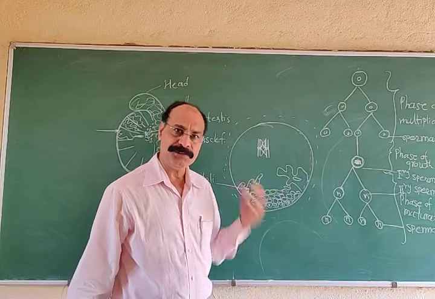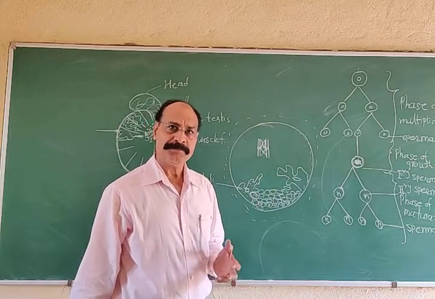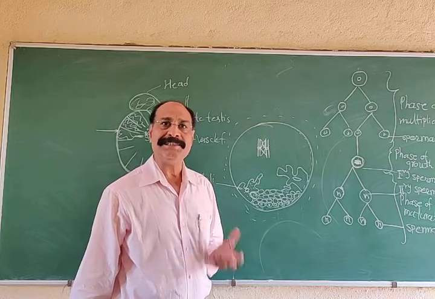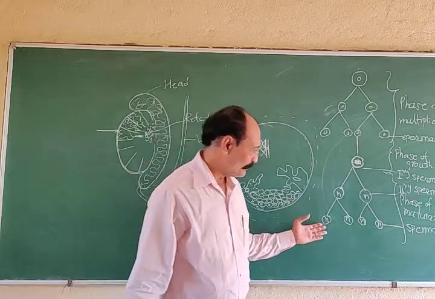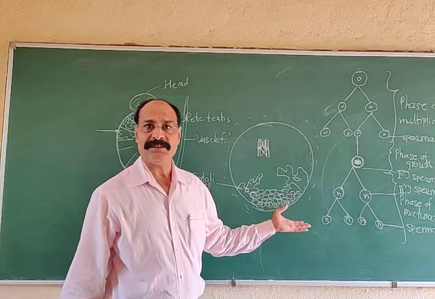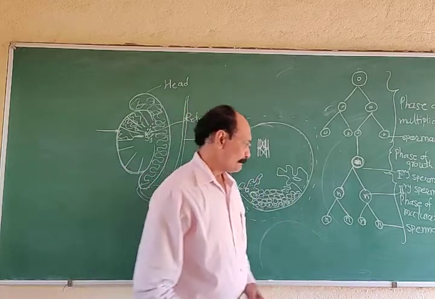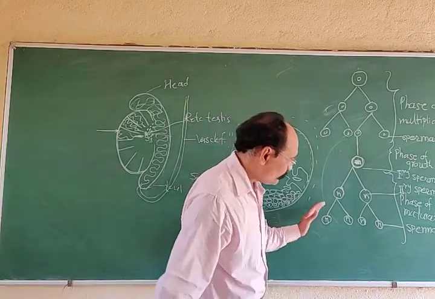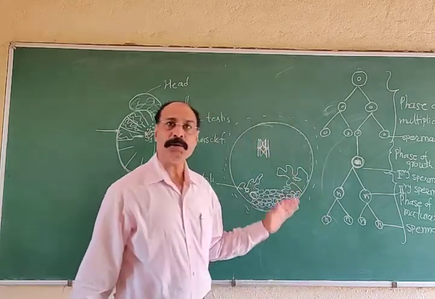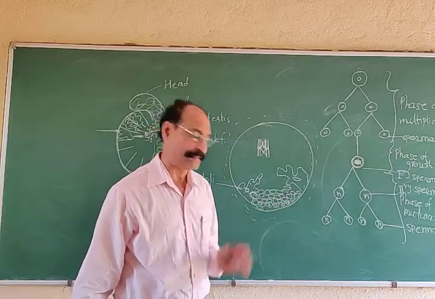Because if you see the structure and function of the sperm, it is an active and motile cell. While if you see the structure of the spermatid, it is not active or motile, because it is a very simple cell. So the spermatid has to undergo certain changes to become an active and motile cell.